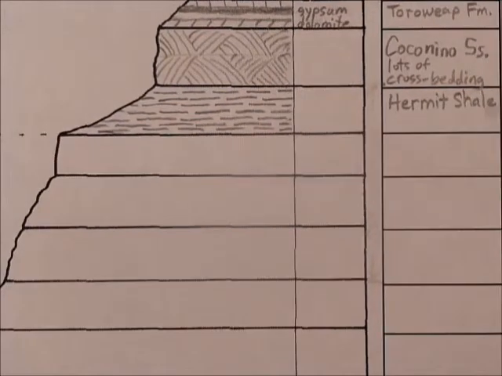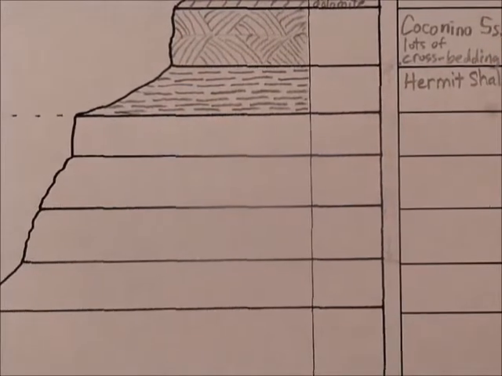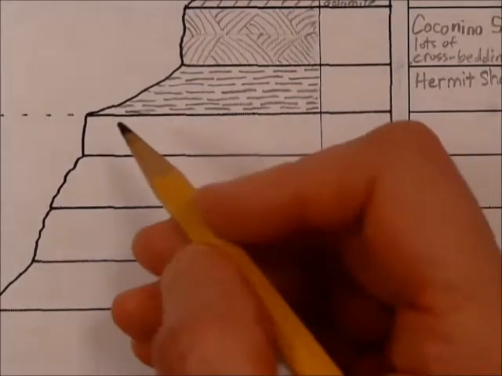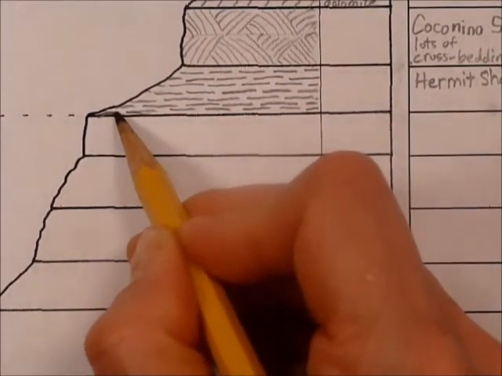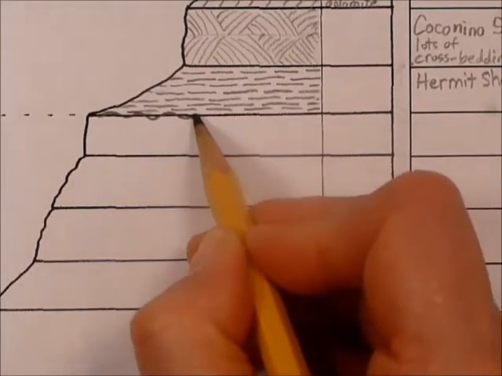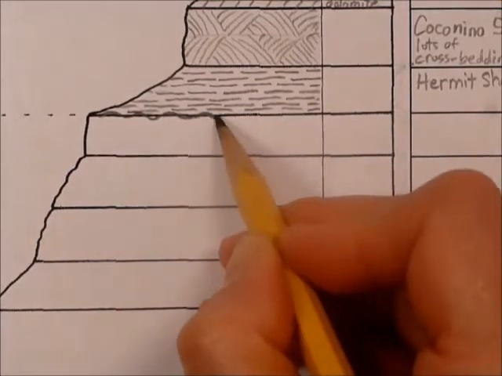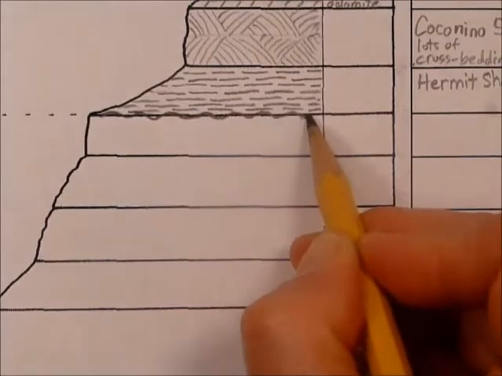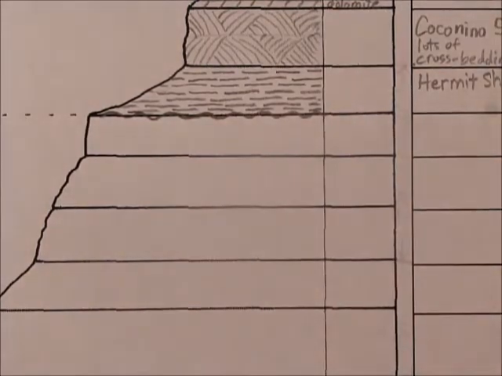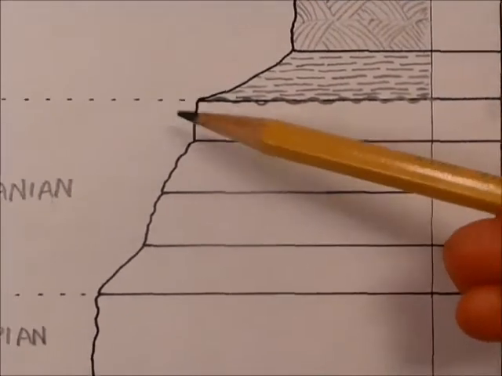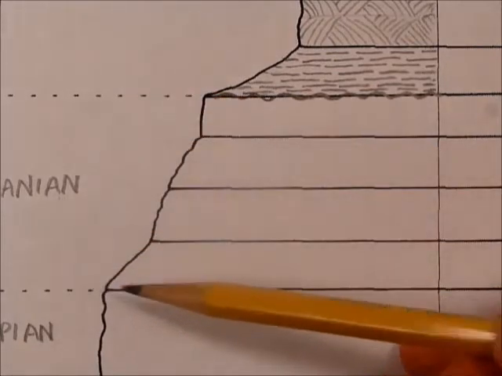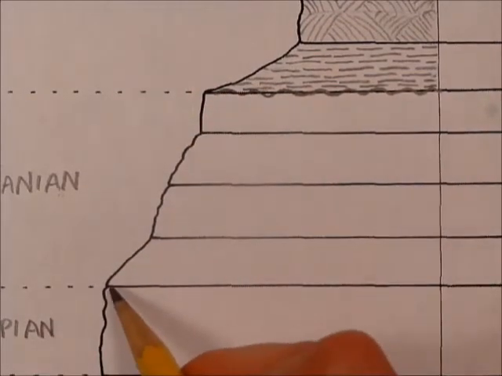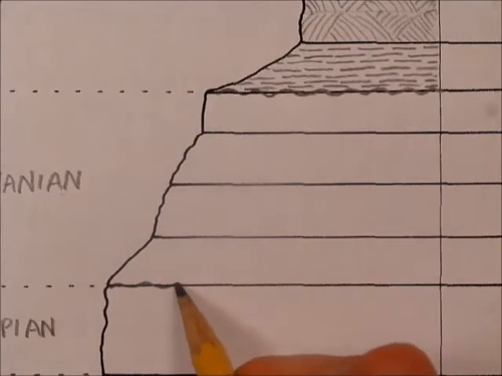And then under the Hermit Shale, we have a small unconformity. And if you want to make this line look wiggly, just a little bit. So because there's this unconformity here, this is what helps these get classified together. We actually have another one down here at this dashed line at the bottom of the Pennsylvanian.